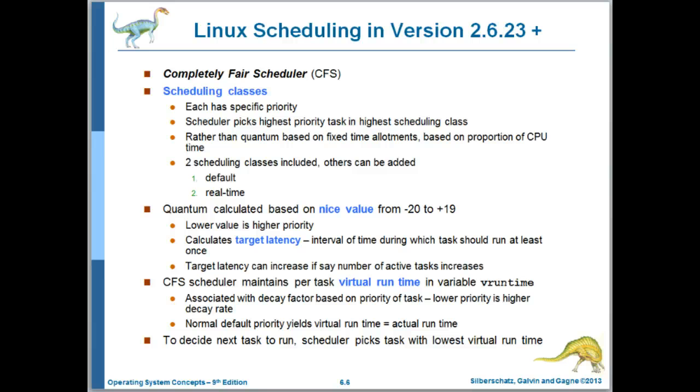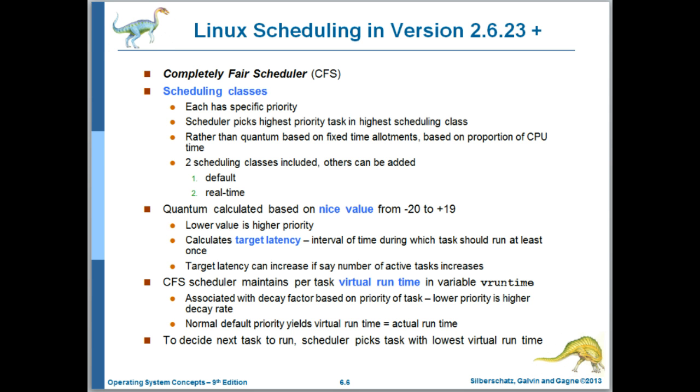So the completely fair scheduler became the default scheduler in kernel version 2.6.23, and you might recall that for your kernel programming projects, you're using 2.6.27. So you're working with the completely fair scheduler. There are a number of scheduling classes, and these are prioritized.